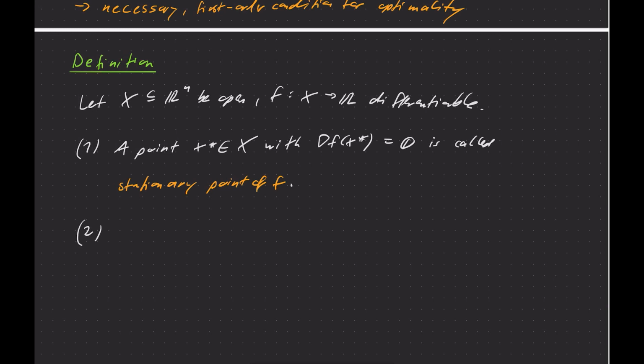And second, we've already used that term. If we have a stationary point that is not a local optimizer, then it is called a saddle point.